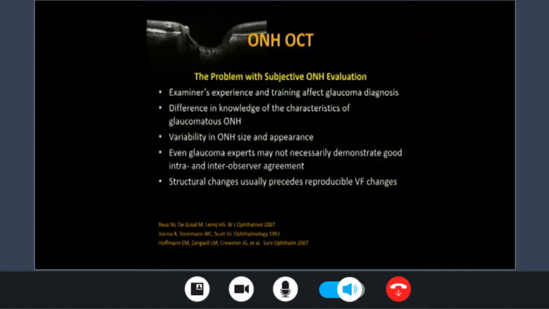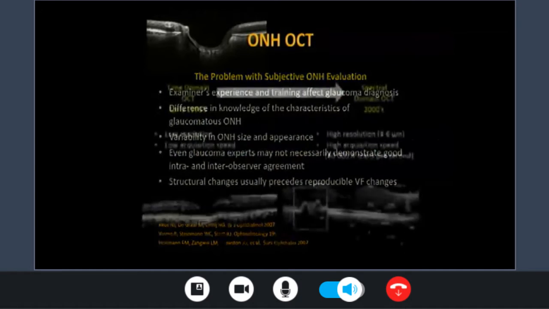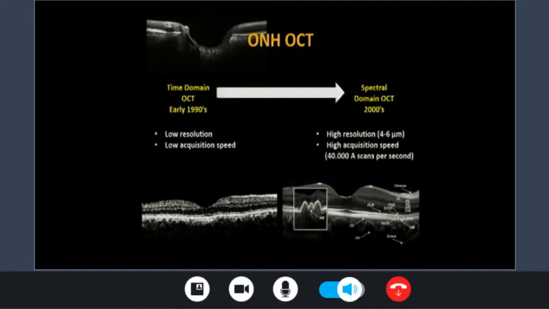It's also affected by the variability in the optic nerve head size and appearance. Even sometimes glaucoma experts might not necessarily demonstrate good intra and inter-observer agreement. And we need to know that there is a fact that structural changes sometimes precede reproducible visual field changes and vice versa.